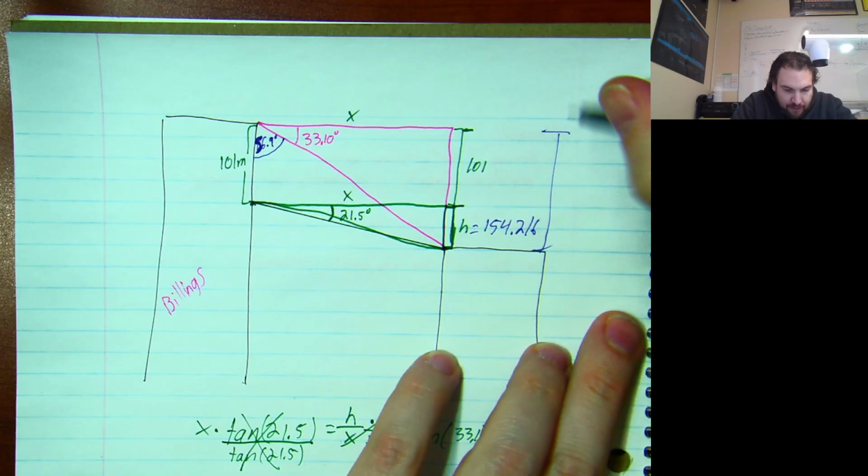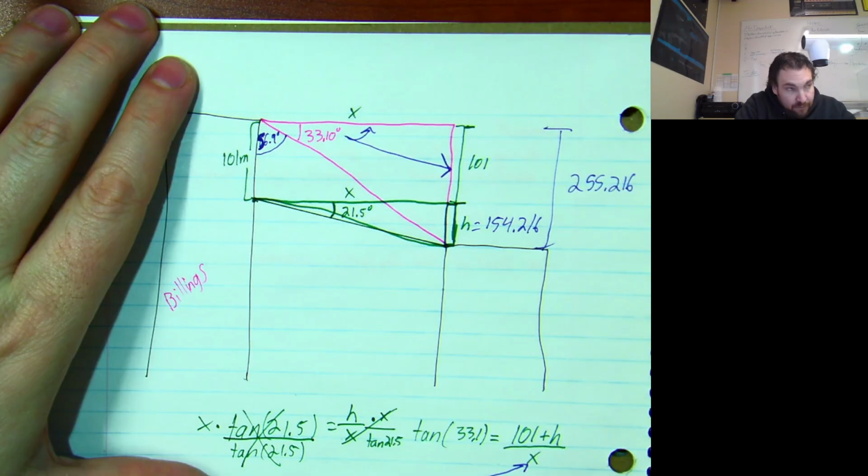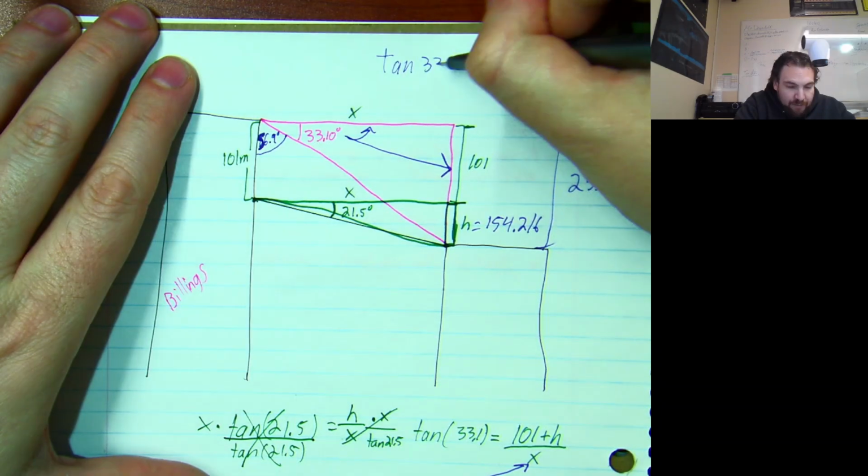We've got opposite and adjacent. We use opposite and adjacent. SOHCAHTOA. Tan of 33.10 equals opposite 255.216 over adjacent, which is x.